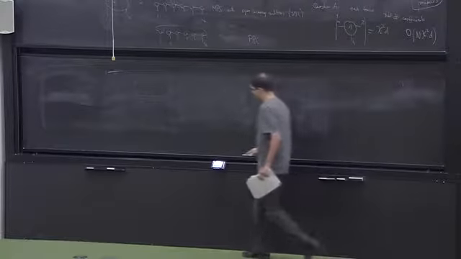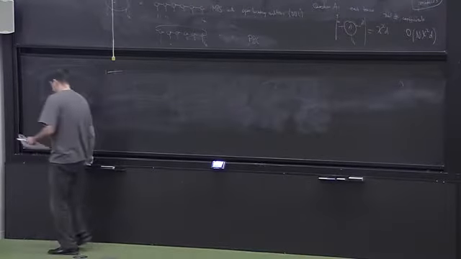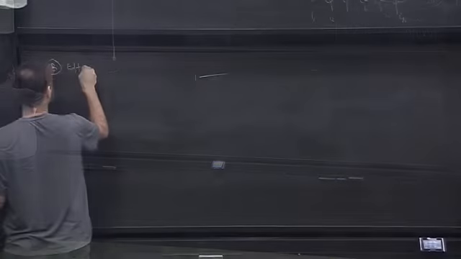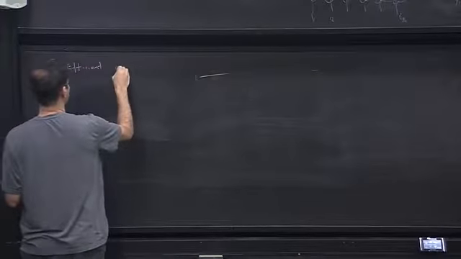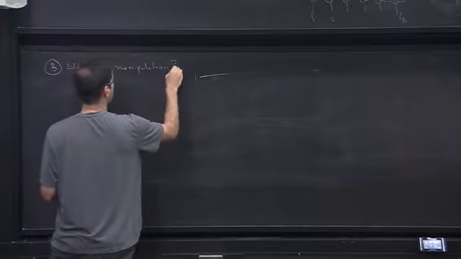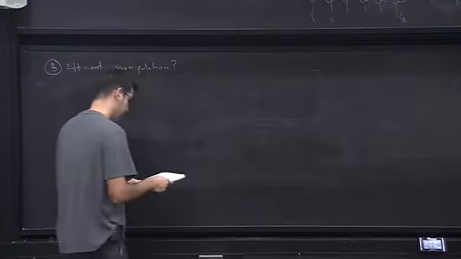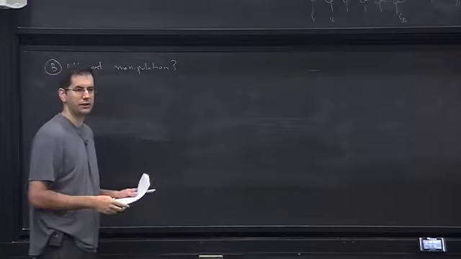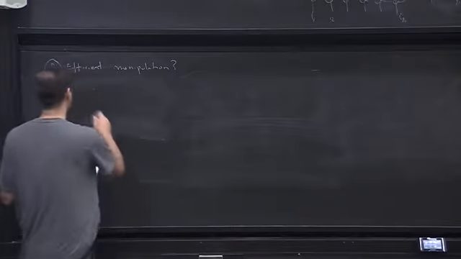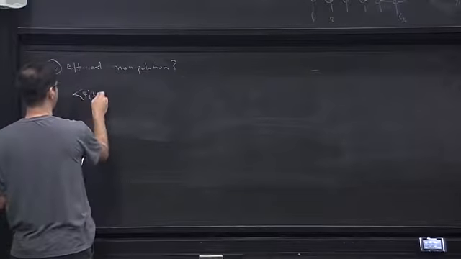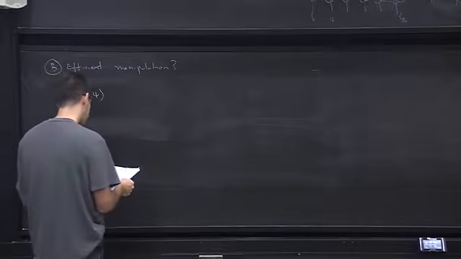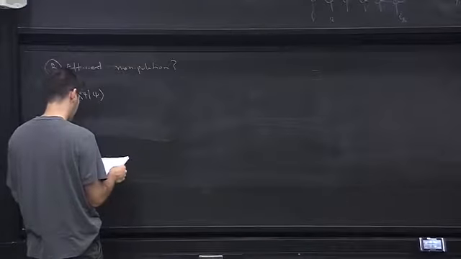So B, efficient manipulation. And this time, with the quantum circuit, take psi and psi dagger, and the norm comes for free. But here, the norm is not going to come for free. You'll have to compute it. So scalar product of two MPSs.